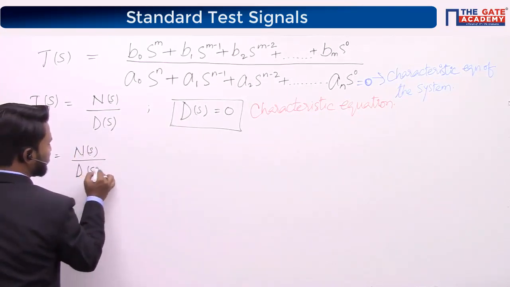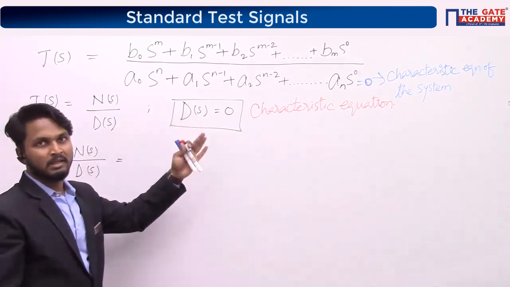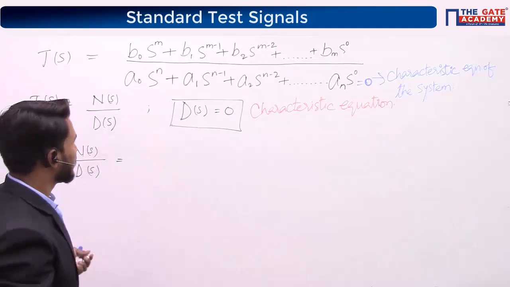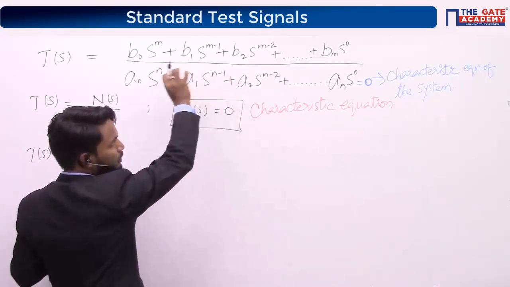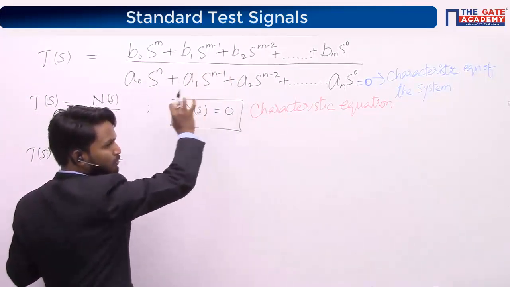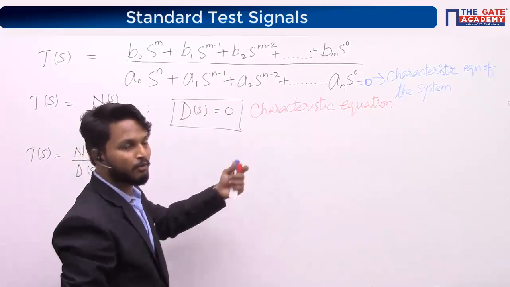This can be simplified in another form also. We can write this in another form. How can we write it? We can find the roots of the numerator and the roots of the denominator, and write it in factorized form.